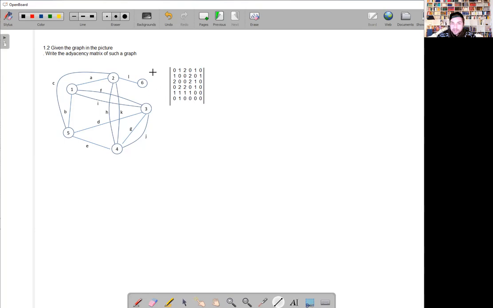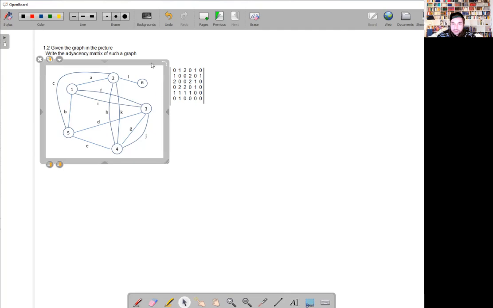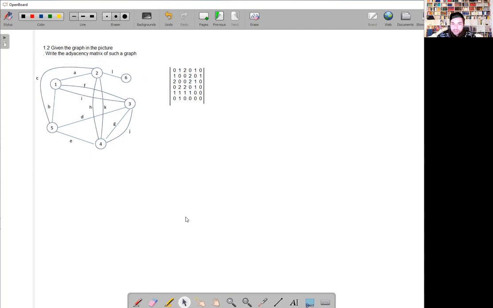So this is the adjacency matrix of this graph. Just let me move this a bit.